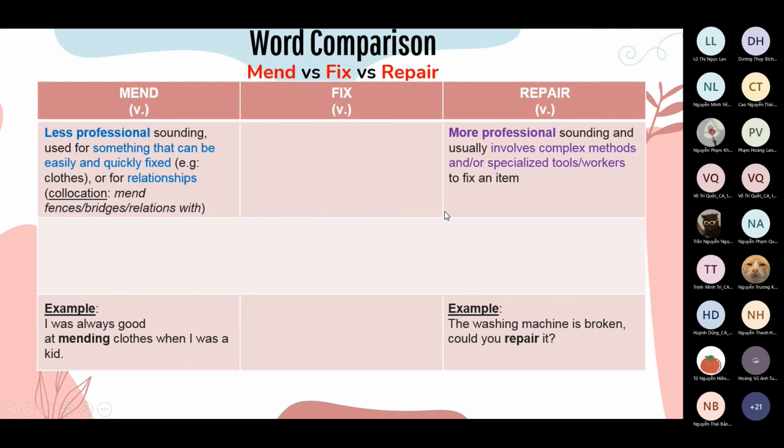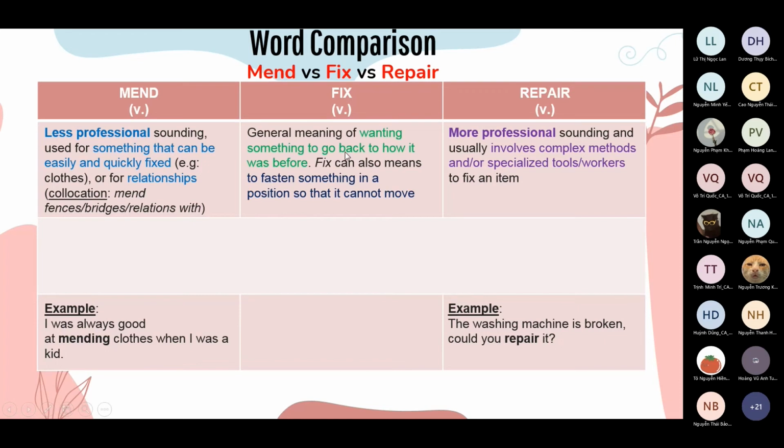Now between both mend and repair, we have fix. Fix is very general. You can use it for anything else in this world. You can use it in place of both mend and repair: you can fix clothes and you can fix the washing machine.